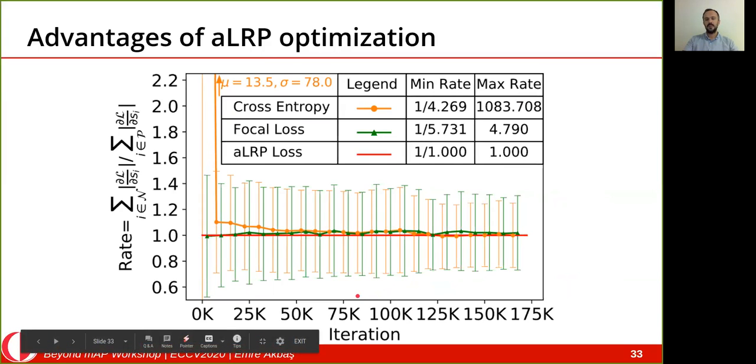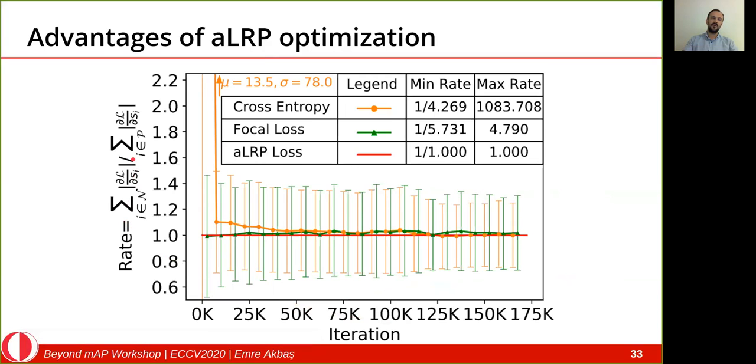This plot shows you the iteration versus the total magnitude of gradients with respect to negatives divided by the total magnitude of gradient with respect to positives. And as you can see, these are standard deviations. Both cross entropy and focal loss have large variations, but ALRP loss is just constant.